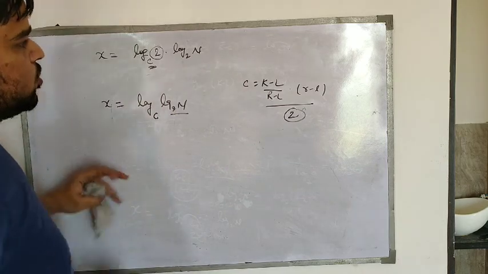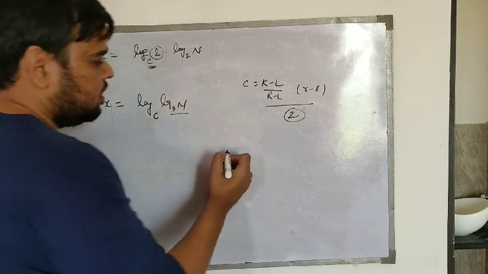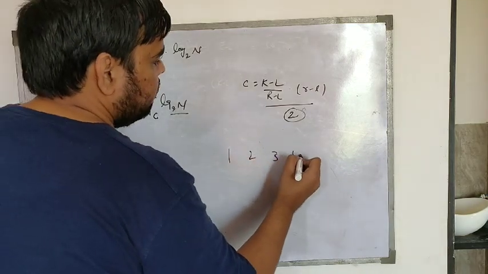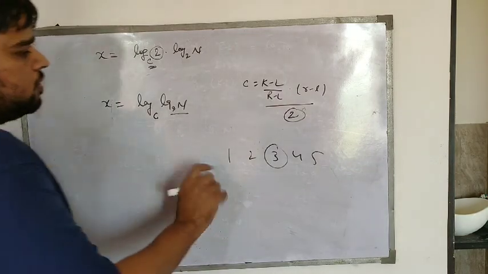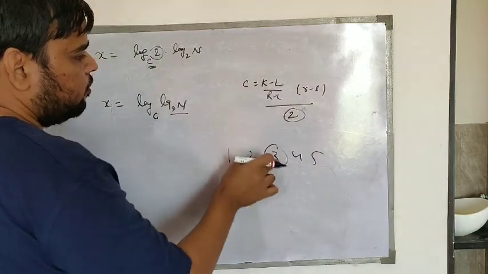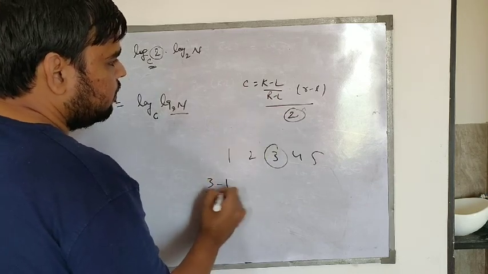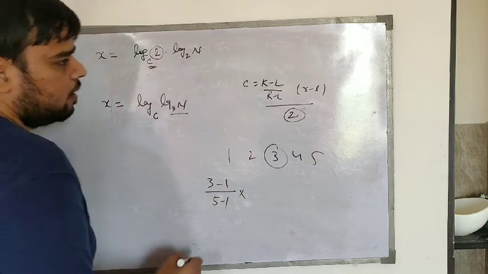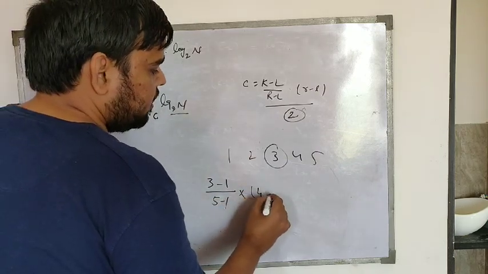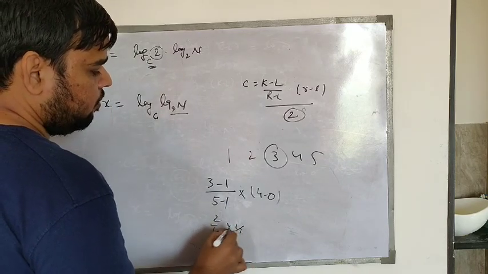Okay, so let's try to understand how it looks like a binary search. So let's say 1 2 3 4 5. I'm looking for 3. So if I put 3 in this formula, this will be (5 - 1)/(3 - 1), which is 4 by 2, this will be 2.